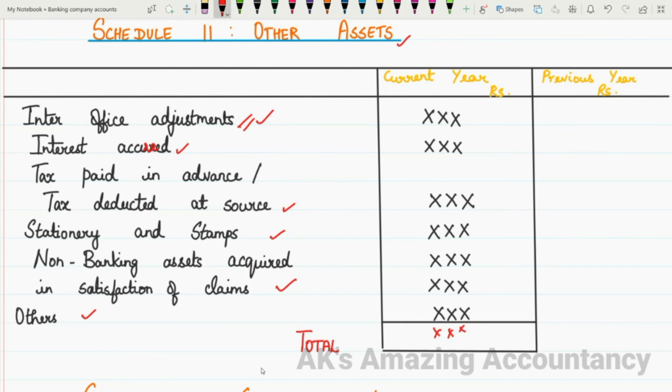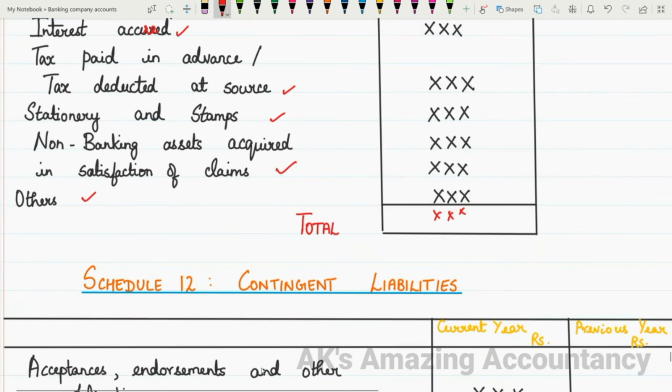Till Schedule 11 only, we have the schedule numbers which will form a part of assets, which will come under the category assets of the balance sheet. The next schedule, Schedule 12, will come after you finish closing the assets. Okay, it will come separately after finding out the total.